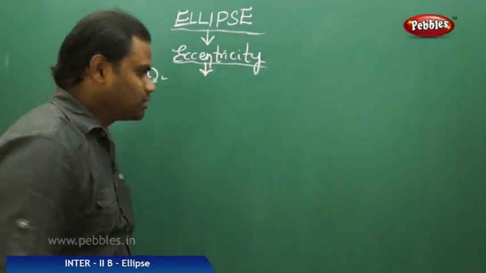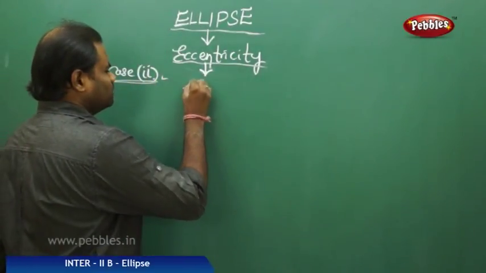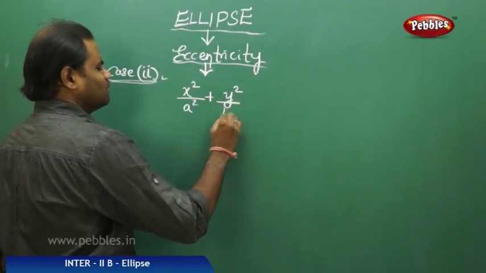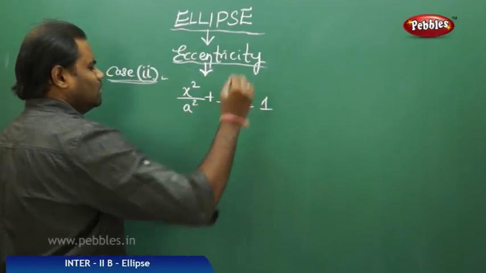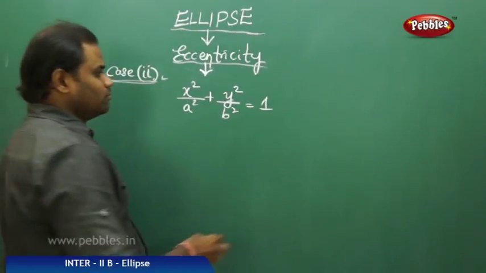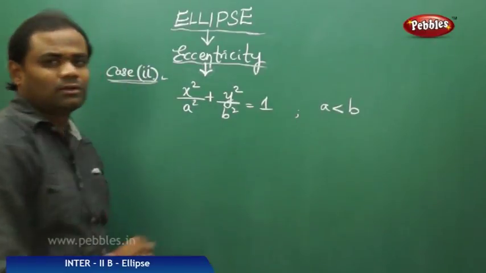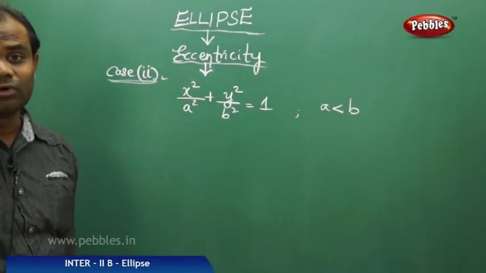Now for the equation of the ellipse in standard form where I have case 2 with a less than b, let's see how we get the eccentricity formula.